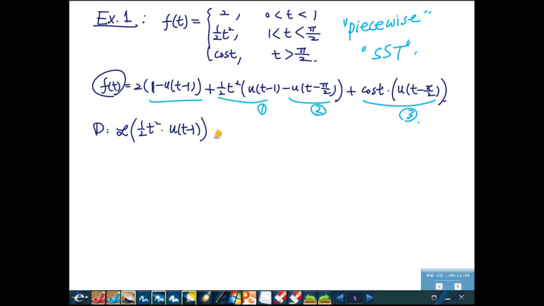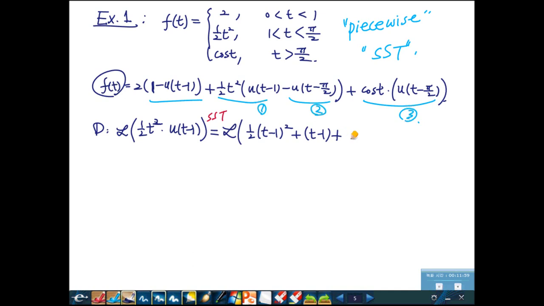If you do that using the second shifting theorem, what you can write is this: t minus 1 squared, right? So t becomes t minus 1. Then this is very different from this, right? You have to add the canceling terms like this.